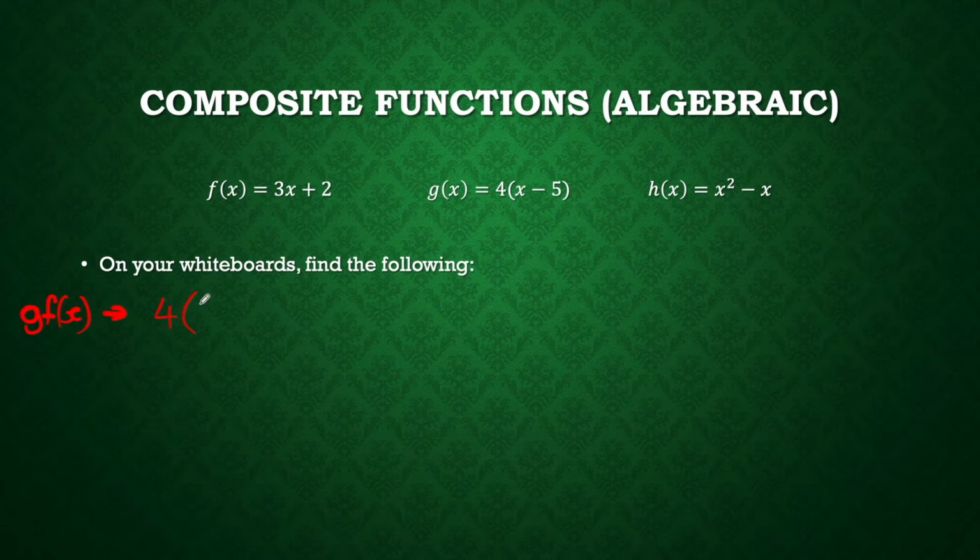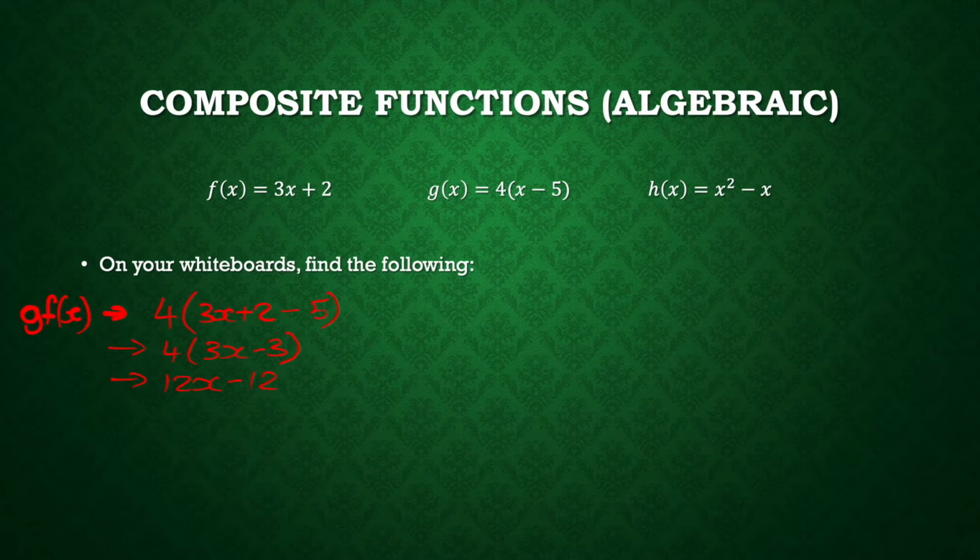So that's going to become 3x plus 2 rather than x, because that's what f of x is. And then I've got my subtract 5. I don't leave it like that. I'm going to expand it out. I'll simplify the brackets first. So that actually becomes 3x minus 3. Then I can expand out, and I can have 12x minus 12. Just about substituting in the correct order. A little bit of algebraic manipulation. We work our way from there.